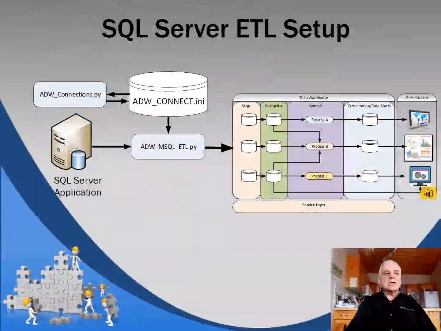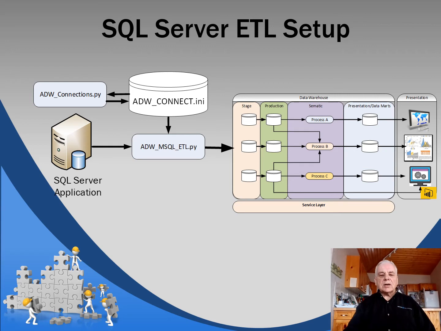So now with SQL Server, it's done a little differently. We use a Python job called ADW SQL ETL. But I also included this thing called AW connection PY, because we have to have a connection where we have to store the password, and we need that password encrypted.